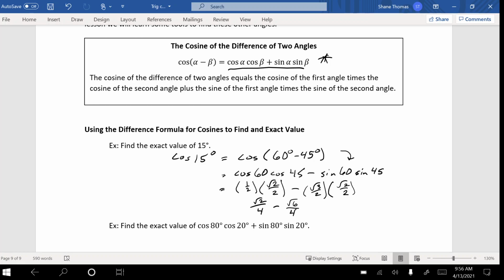No, I can't add those. So that's going to leave me with an answer of root 2 plus root 6 over 4. Is that an exact answer? Yeah, it is. I didn't approximate anything. I didn't turn anything to a decimal. I was able to just manipulate using that.